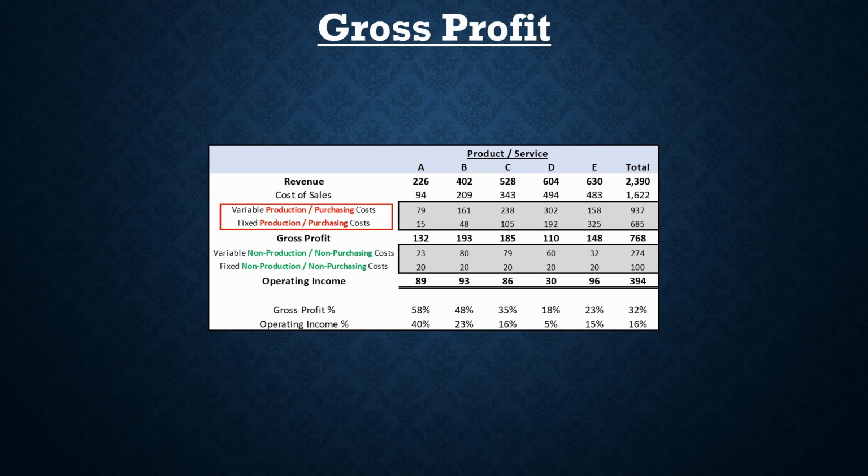It is important to note that these costs could be fixed costs or variable costs. We also note how we can divide the gross profit by our revenue to calculate the gross profit percentage.